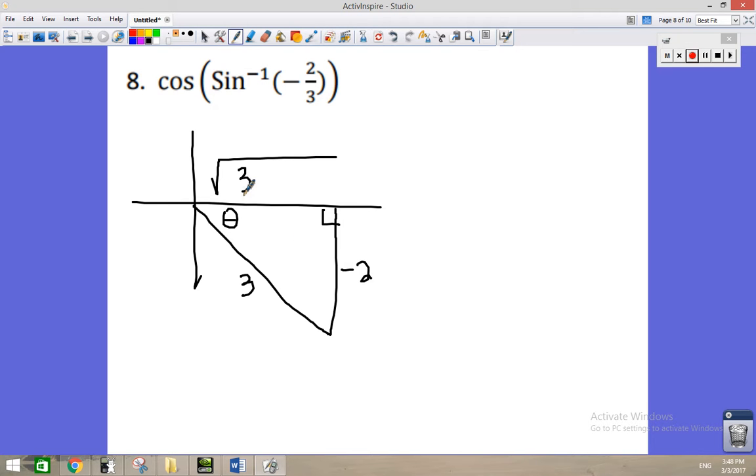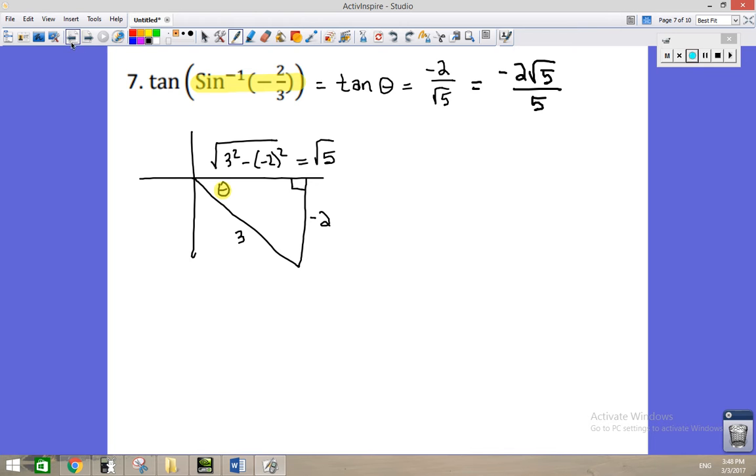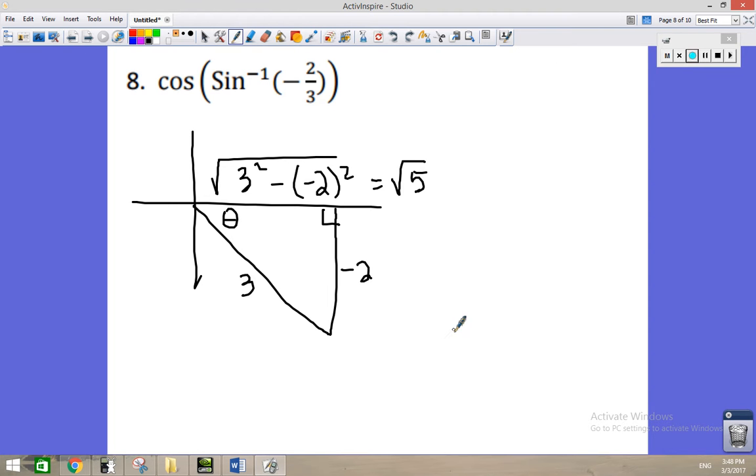By the Pythagorean theorem, the length of this missing leg is the hypotenuse squared minus this other leg squared. 9 minus 4. Radical. I didn't copy the same problem over. Tangent. Okay. So this guy is theta, and the cosine of theta is the adjacent side divided by the hypotenuse, and that's our final answer.